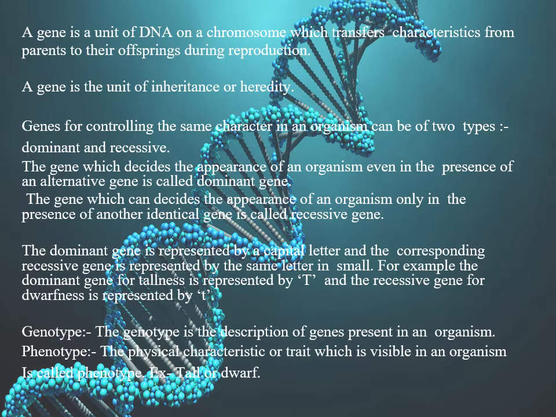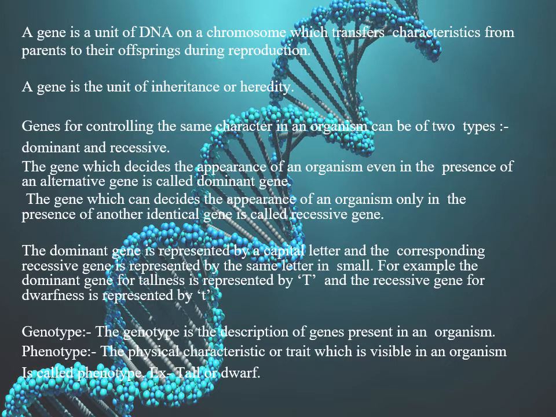That is, what is genetically present inside an organism is expressed as the genotype. And phenotype is the physical characteristics or traits which are visible in an organism. For example, tallness or dwarfness is an example of a phenotype.